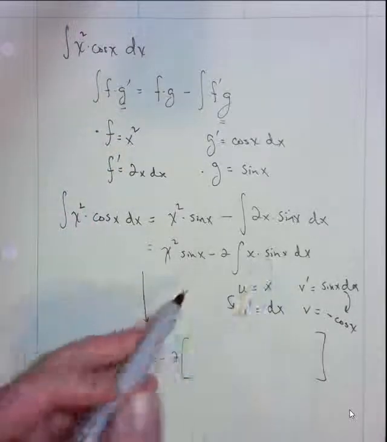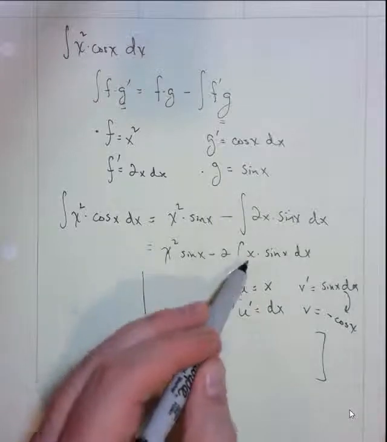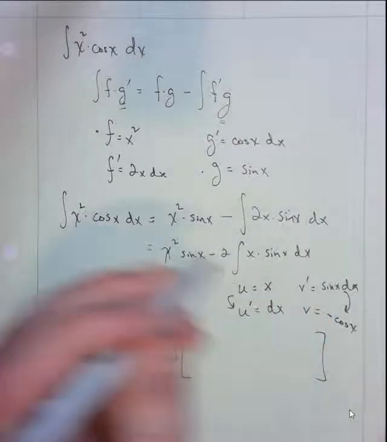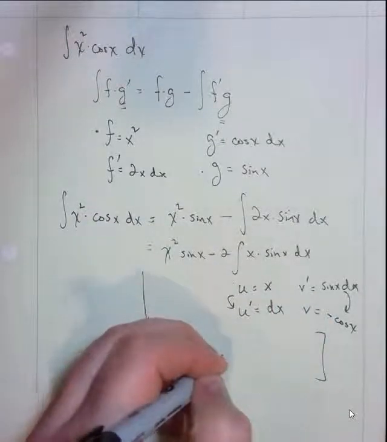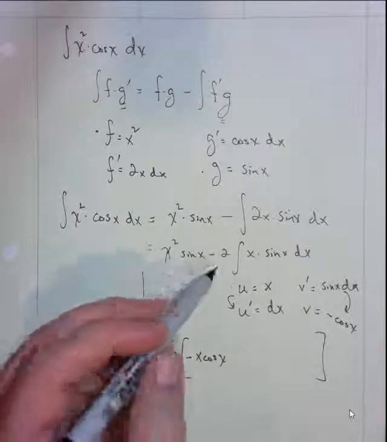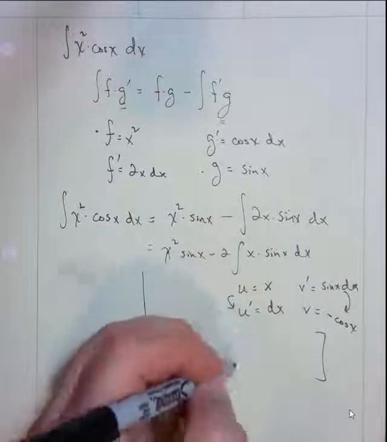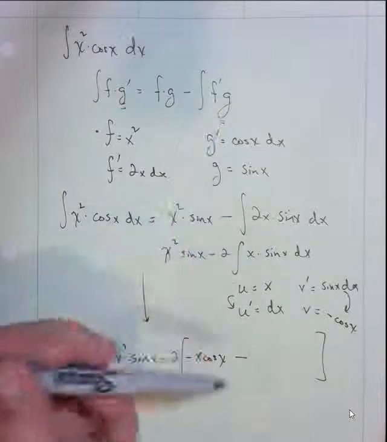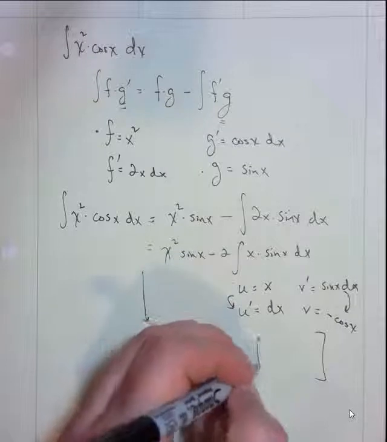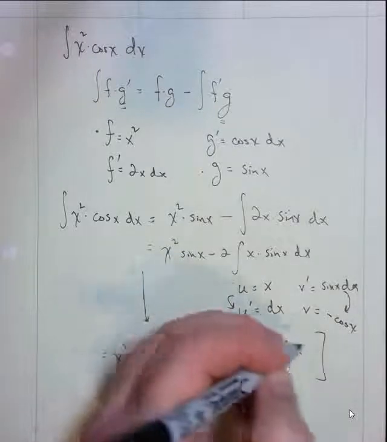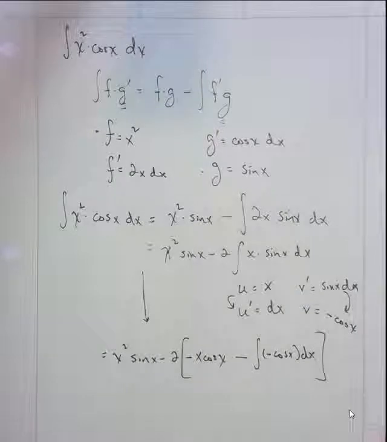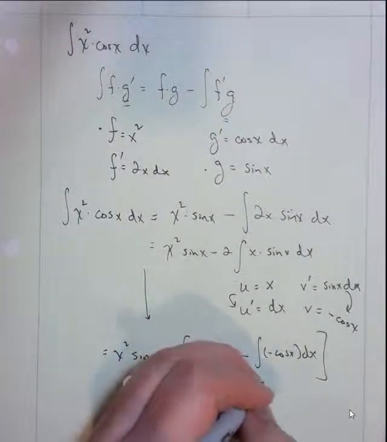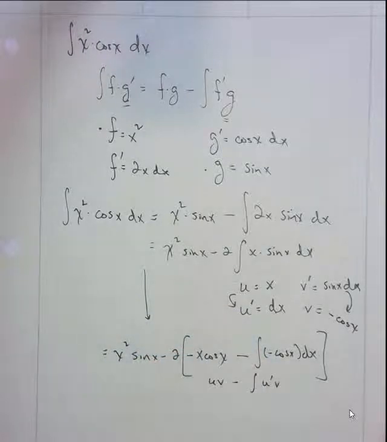So this integral right here, the integral of u times v prime, will be u times v, so this times that, and I'm arranging the minus sign strategically, minus the integral of u prime v, or this times this, so minus the integral of negative cosine x dx. So uv minus the integral of u prime v.